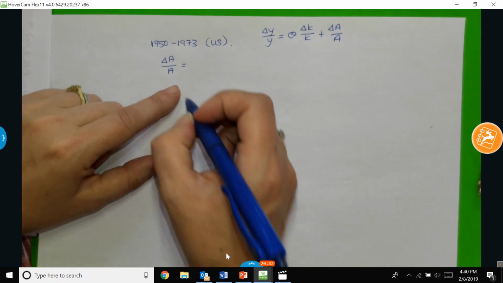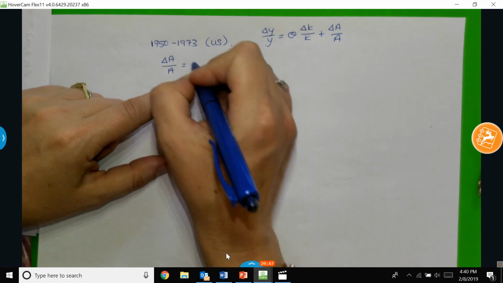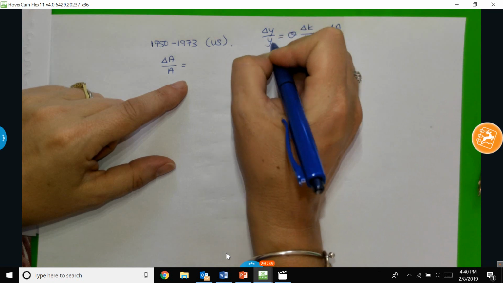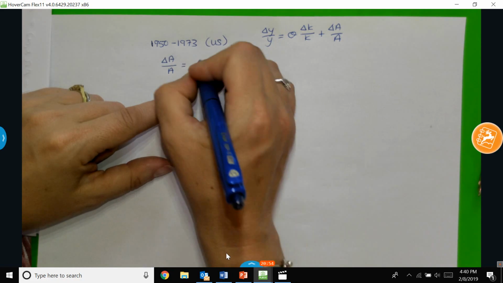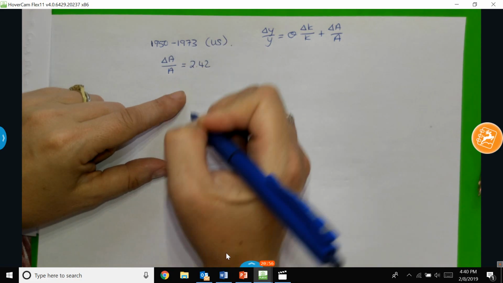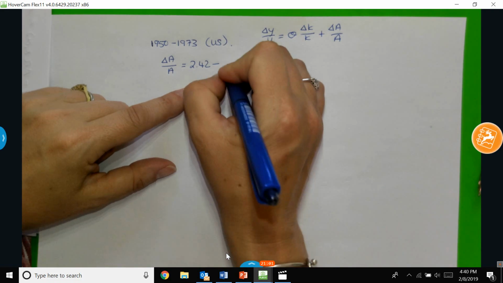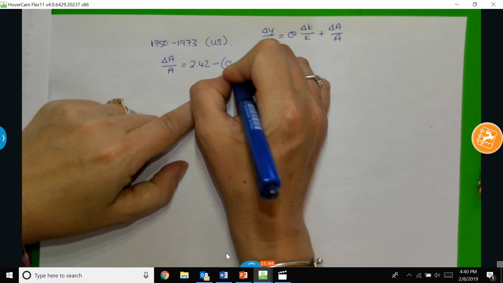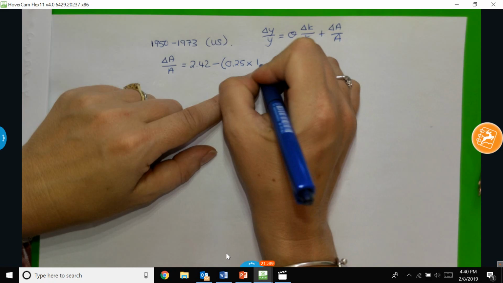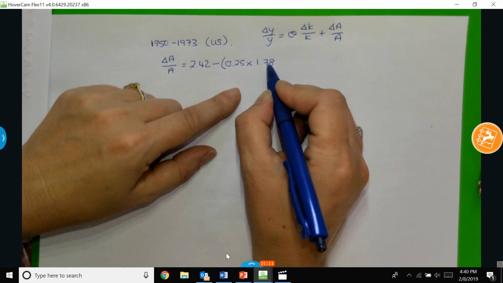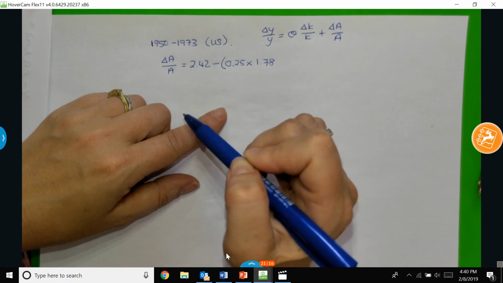So what we know from the table is that the total amount of GDP per capita growth in the US from 1950 to 1973 was 2.42%. From that, using this equation, we can subtract, if we assume theta is, say, 0.25 multiplied by 1.78. This 1.78 is also taken from the US figures from 1950 to 1973.